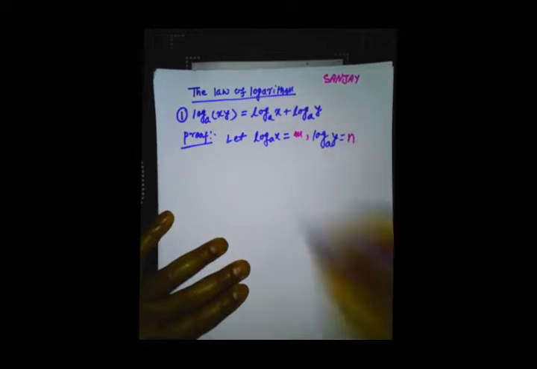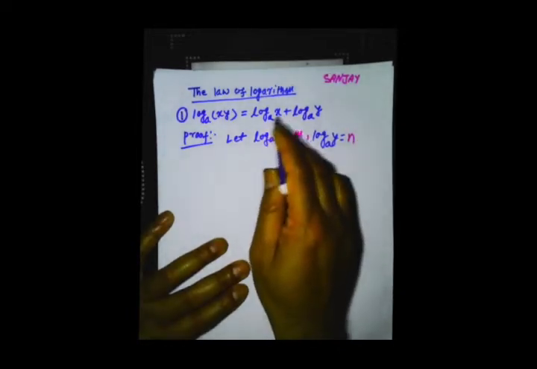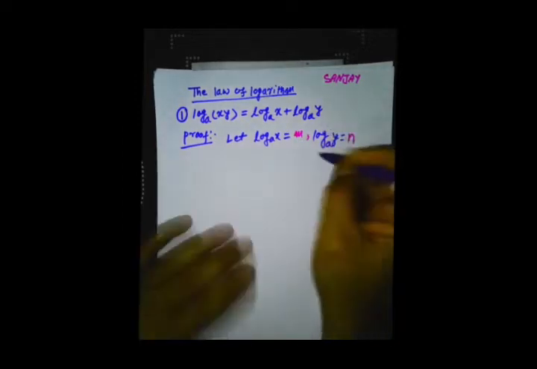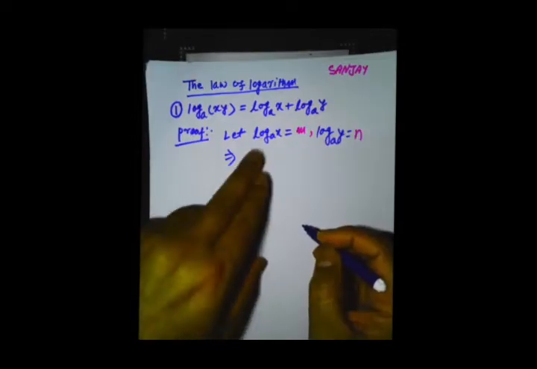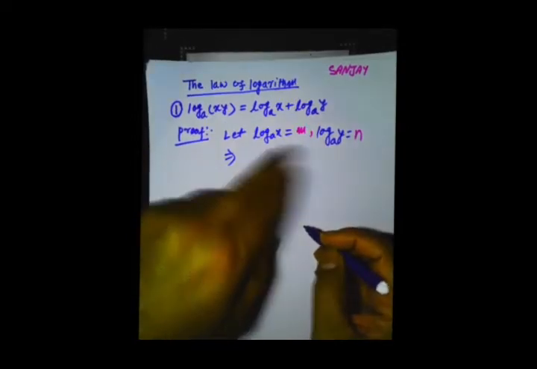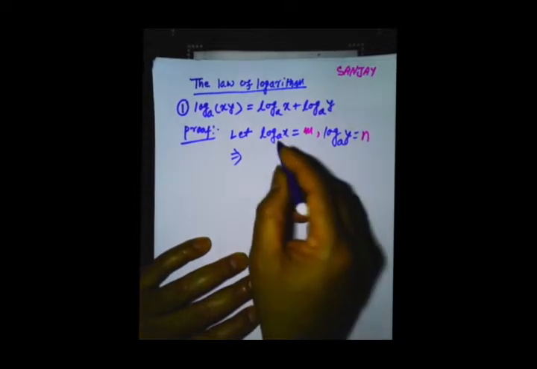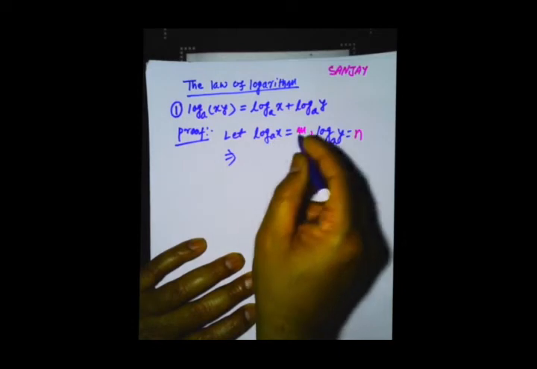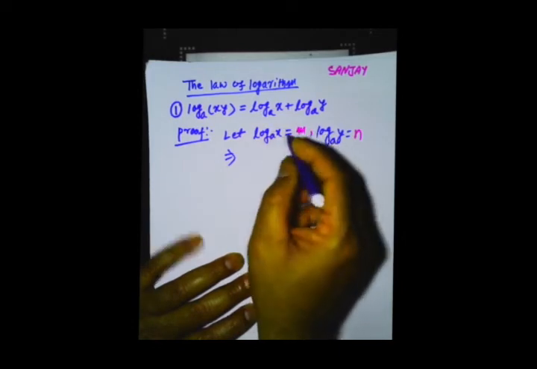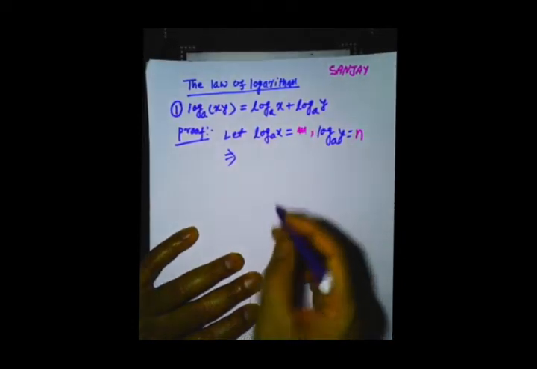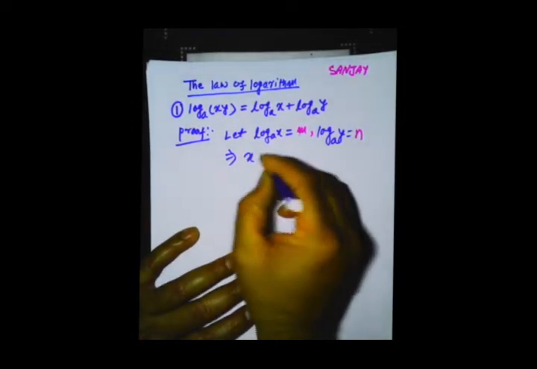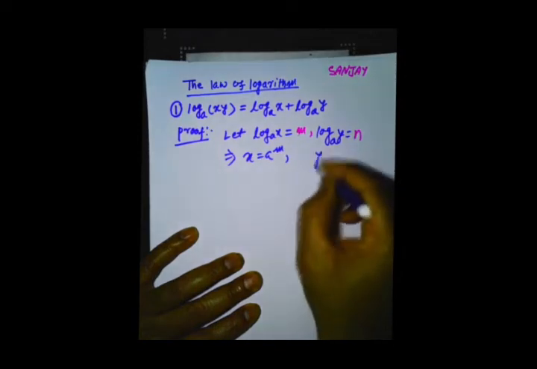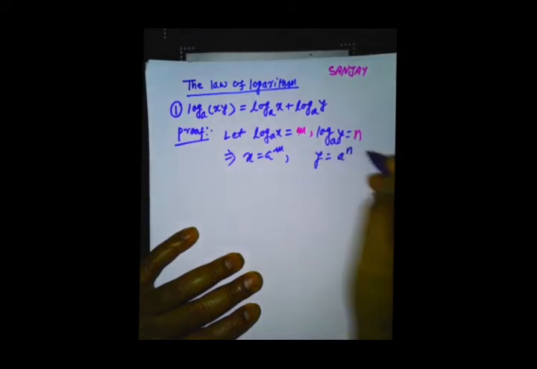Okay, so we have supposed that log base a x is m and log base a y is n. Now, by using the conversion of log to exponential function, we shall convert them one by one. If you convert this logarithm function in terms of exponential function, your x is going to be a to the power m, and y is going to be a to the power n.